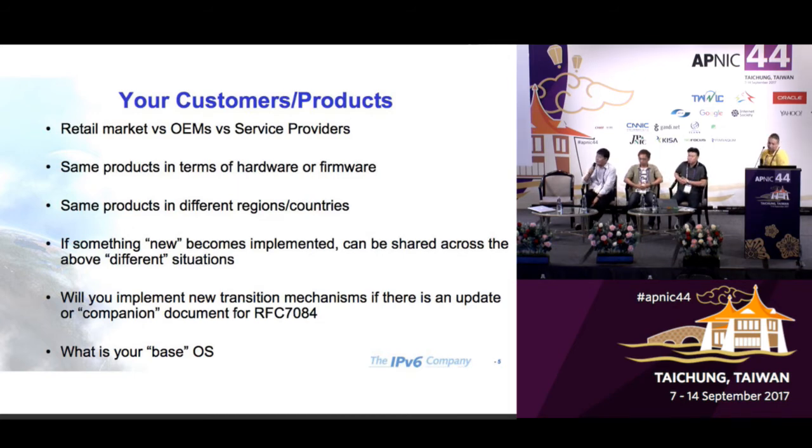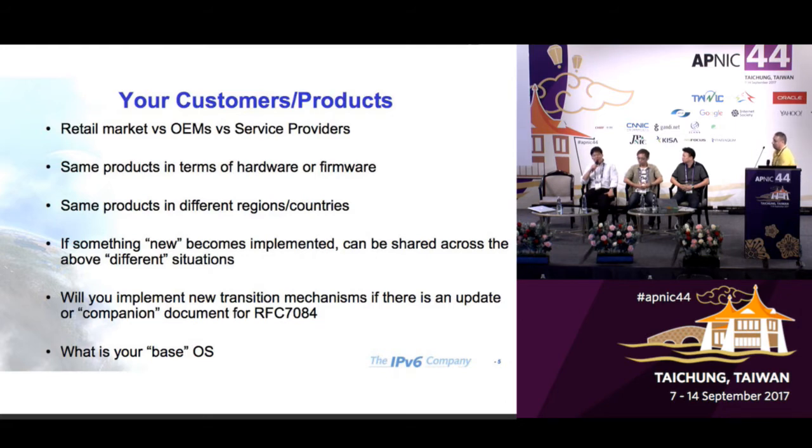As you know, D-Link is a brand company, and as I mentioned in my presentation, we have had our router, CE router devices selling in the retail market since 2008 with the IPv6 ready logo and with IPv6 ready firmware.